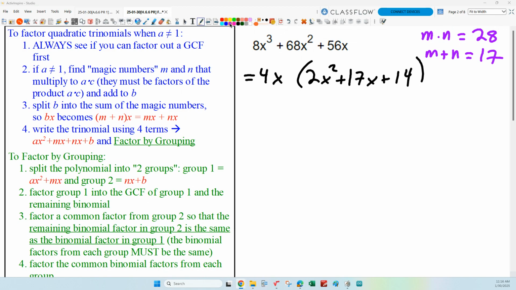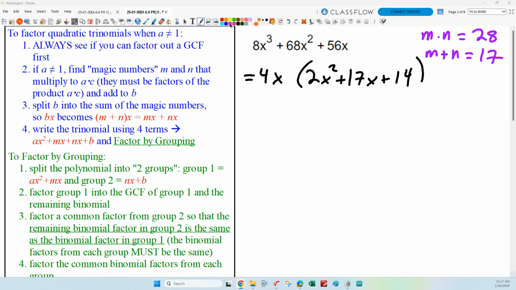So what kind of a table would we make for this then? In the table, do we want to find pairs of potential magic numbers that multiply to 28 or that add to 17? This is one where we multiply.